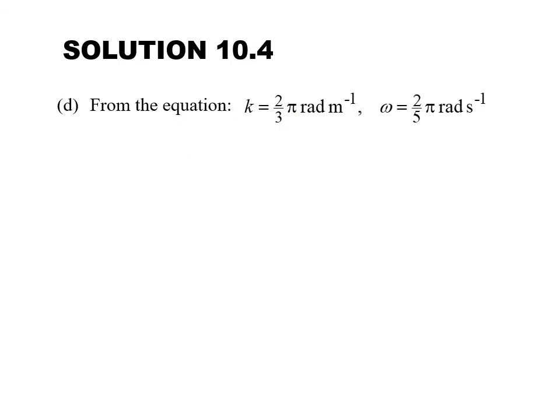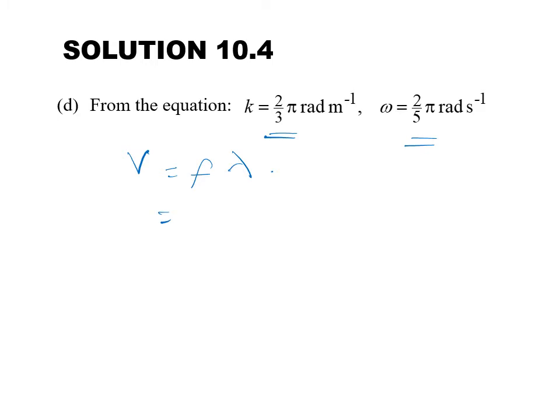Right, from our previous equation, we have wave number 2/3 pi radian per meter and our angular frequency 2/5 pi radian per second. So you need to find the speed of the wave. According to the formula for the speed of the wave, v equals f lambda, we just substitute the values.